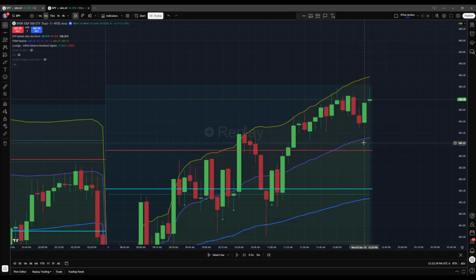If VAH is jumping up and following you, typically that's bullish, right? That means, okay, the market is now agreeing on this price up here, which should lead to continuation, right? Doesn't always, but it should be more confirmation that you made the right move and you're still in the right trade.